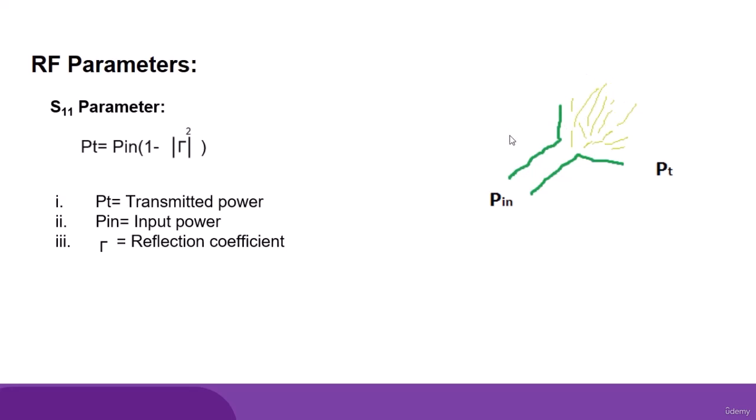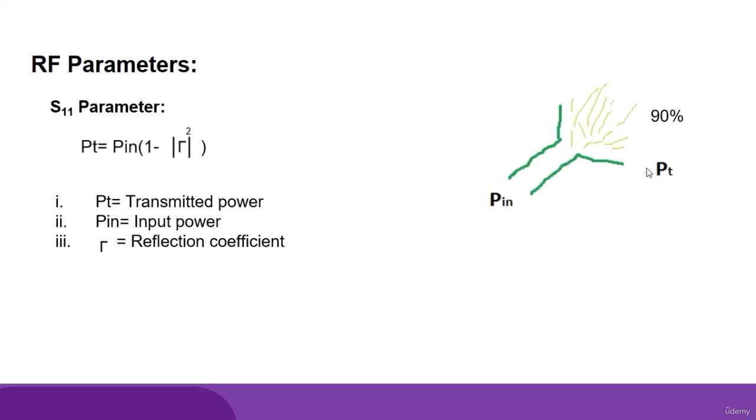Here in this case, I considered that the antenna impedance is very well matched with the transmission line or the port of the antenna. Approximately 90% of the power is transmitted. This means that in this case only 10% of the power is reflected and the remaining 90% is transmitted.